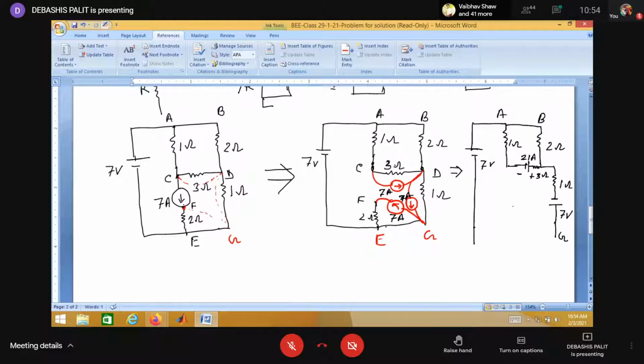Current is flowing G to F point, but E and G points are the same. So current is driven from, say, E to F. Equivalently I can consider the polarity like this. So the actual current is 7 ampere and 2 ohm resistance. So 7 into 2 means 14 volt.